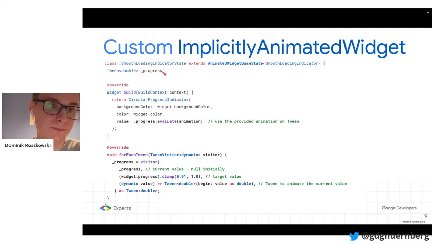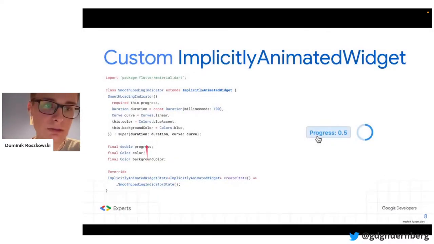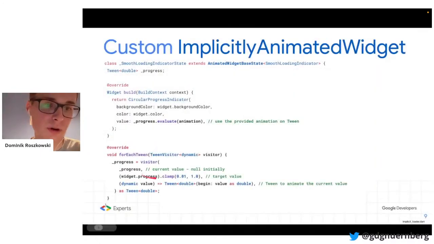Then we have some target value, and the target value is widget.progress. So if you go back to the previous page, here is this progress value that we used. In the next step, we just refer to the progress value. What I do here is clamp this value so that it's never below 0 or above 1, but it's just a sanitization technique for the data.